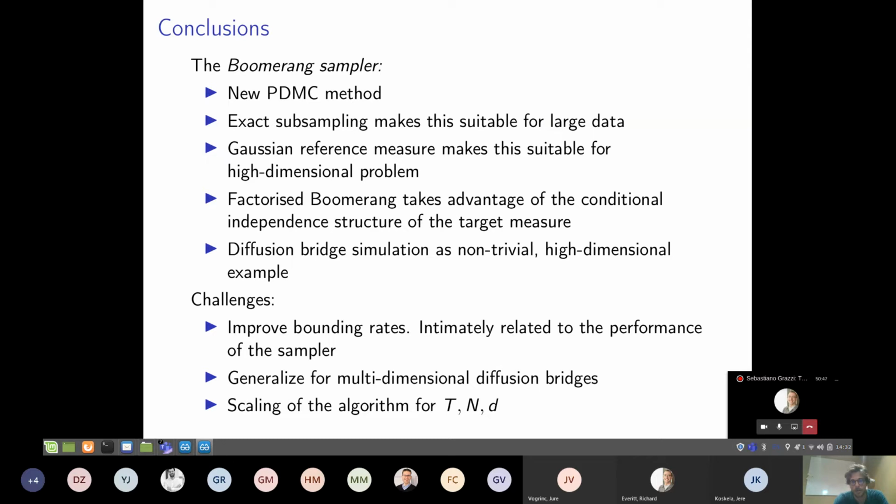And for the diffusion bridge simulation, I'm working on generalizing it to multidimensional diffusion bridges, and it should be possible without so many problems. And then what I'm currently doing is studying how the algorithm scales for large T, the time horizon, large N, the truncation level, and the dimensionality of the multidimensional diffusion bridges.